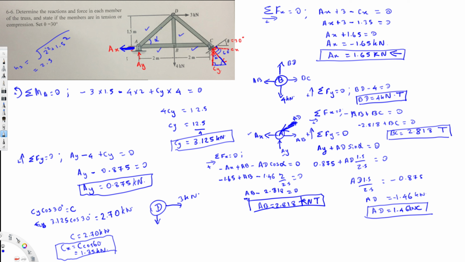Then we have AD. AD is compression, so it's going to be this side. Then we have CD, that's what we have to find. So let's assume this is the direction. CD and 3 kilonewton. This is BD. This is going to be AD. So that's all we have.